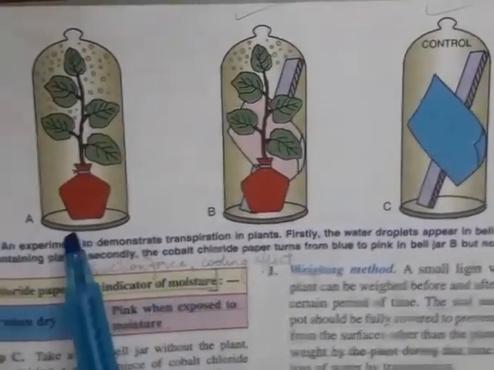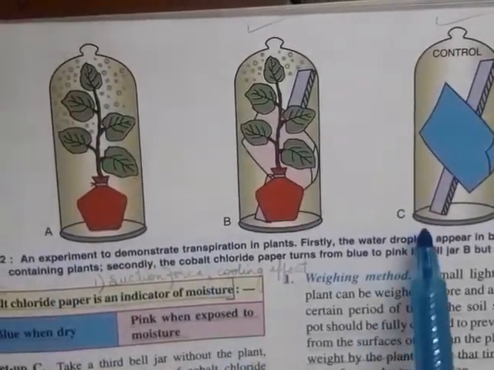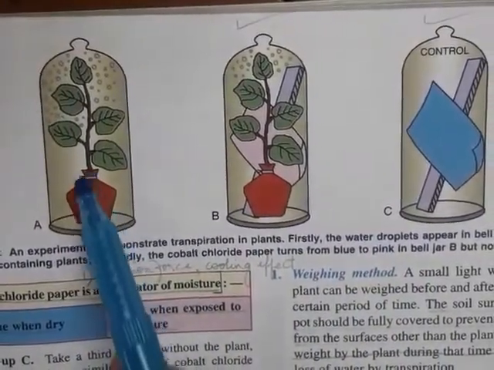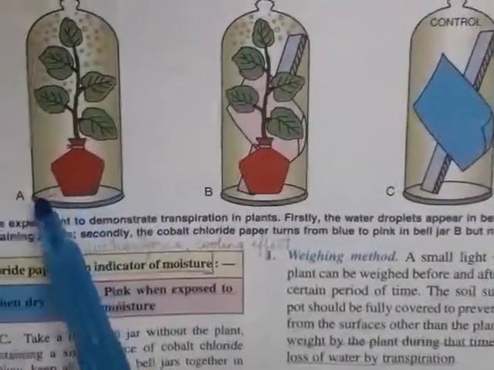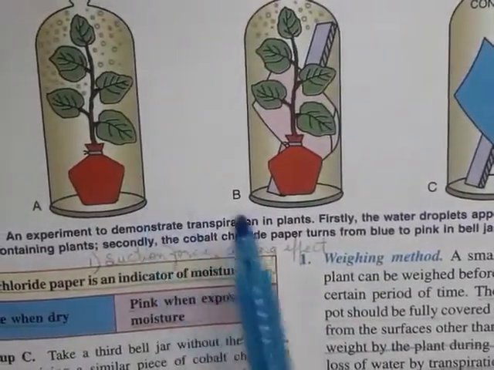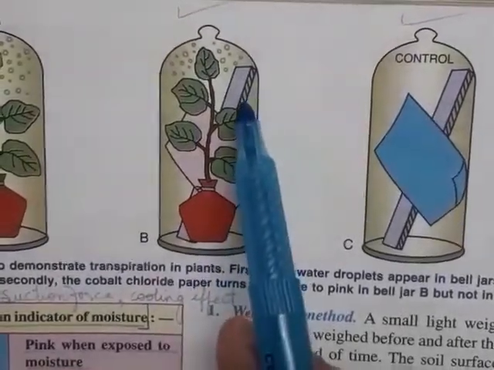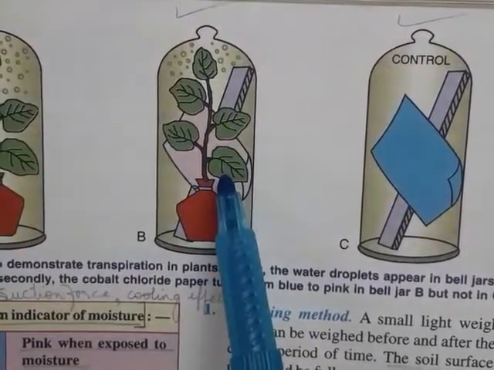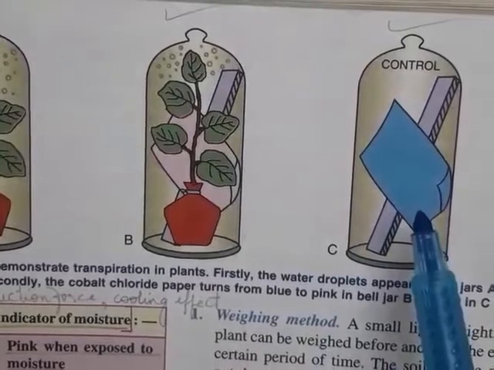You can see 3 setups: setup A, setup B, setup C. In setup A, the pot is covered with a poly bag and the plant is kept under a bell jar. In setup B, there is presence of a wooden strip on which there is cobalt chloride paper. And in setup C, you see there is no plant.